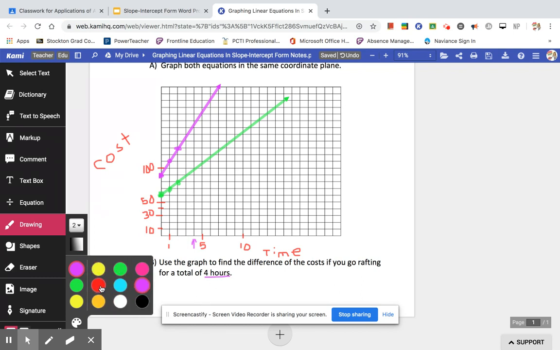So if I do that, let's say using black, if I follow 4 up, my green line, which is the 4-person raft, hits 4 at $100.